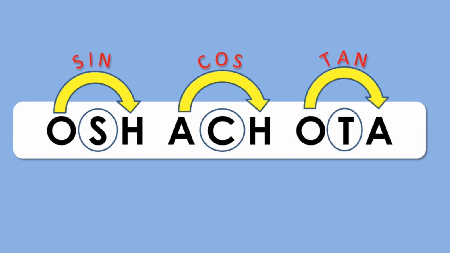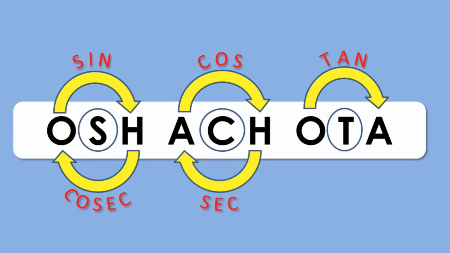The reciprocal of sine is cosec. Hence, for cosec, we will now have H upon O, that is hypotenuse upon opposite side. The reciprocal of cos is sec. Hence, for sec, we will now have H upon A, that is sec is equal to hypotenuse upon adjacent side. The reciprocal of tan is cot.